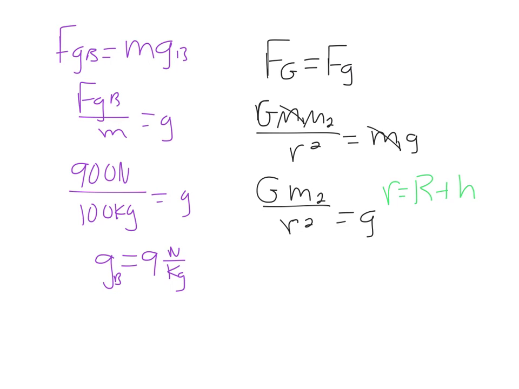So let's isolate r. We get G m2 over g equaling r squared. G being the universal gravitation constant, m2 being the mass of the Earth, over little g equals my r squared.